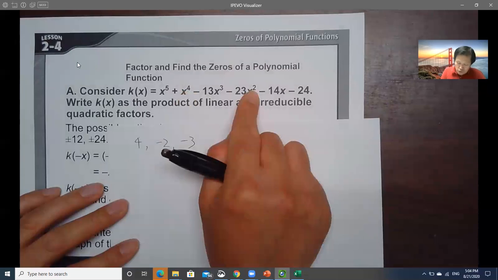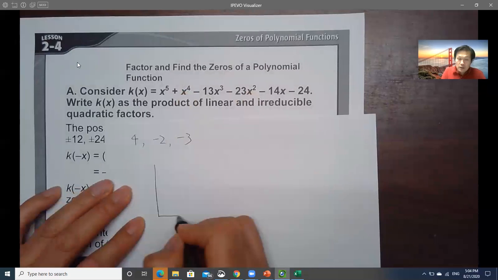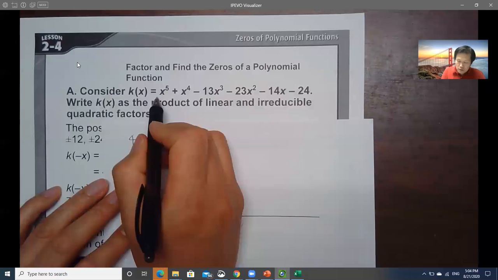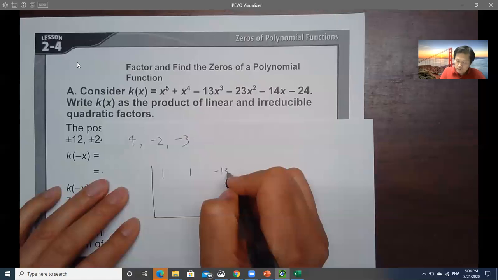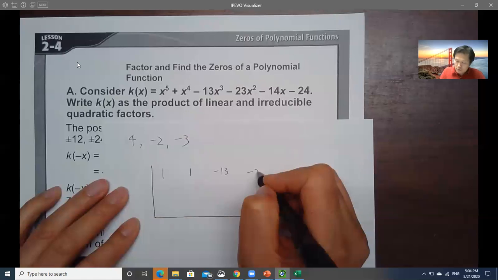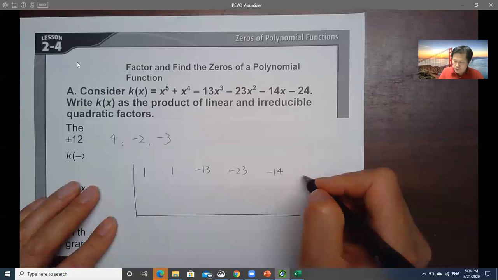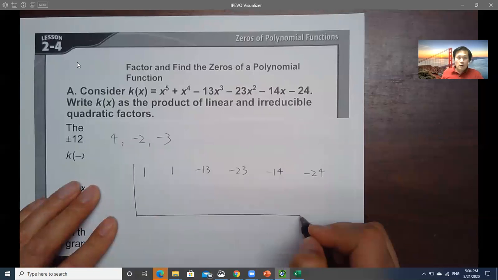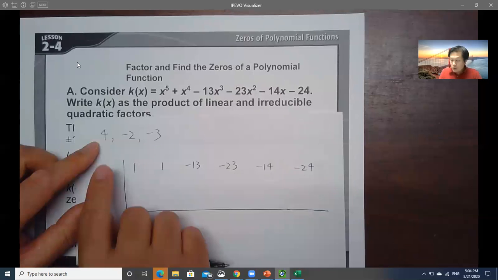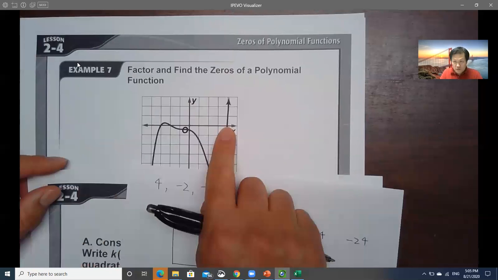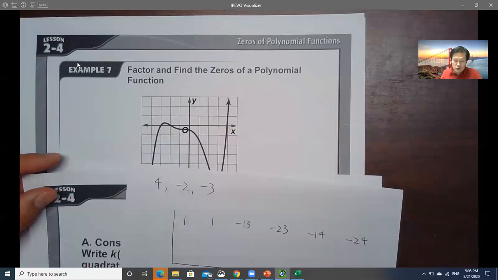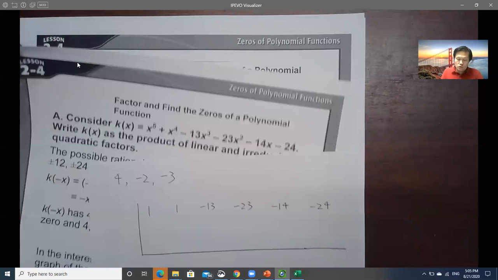So what you want to do here is start with the coefficients 1, 1, -13, -23, -14, -24. And we already figured that out. That one is going to work, right? From the graph, you already know that's going to be a zero.